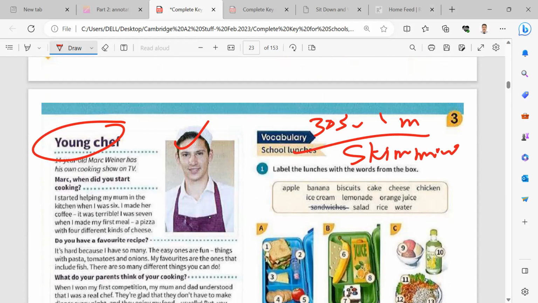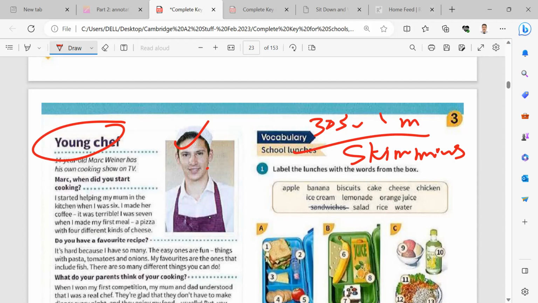So for reading a passage, you need to practice skimming. Read the title, like young chef, look at the pictures, check how many paragraphs are in each long passage, and read the first sentence in each paragraph.